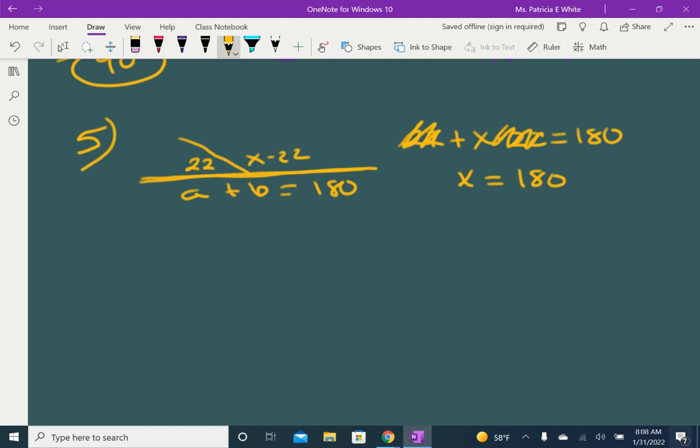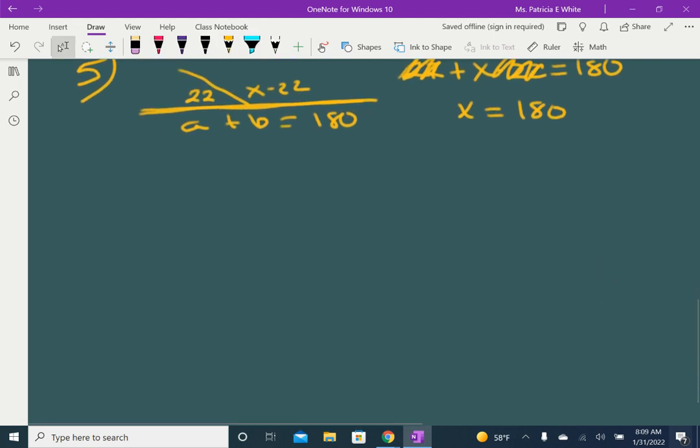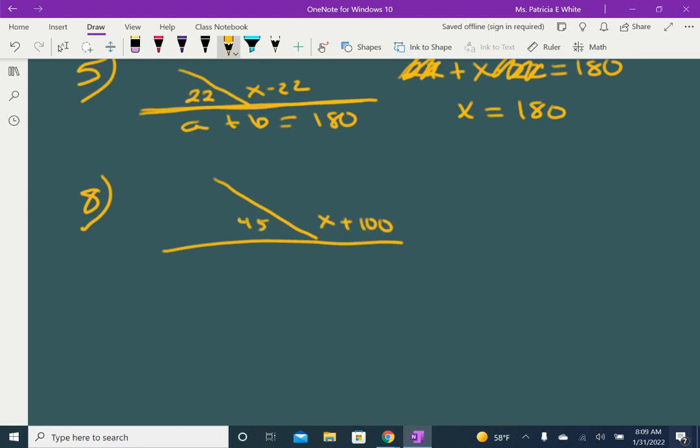Okay. All right. I'm going to do problem 7, I guess. Well, how about we'll do 8. So I have 45 and X plus 100. So I have 45 plus X plus 100 equals 180.